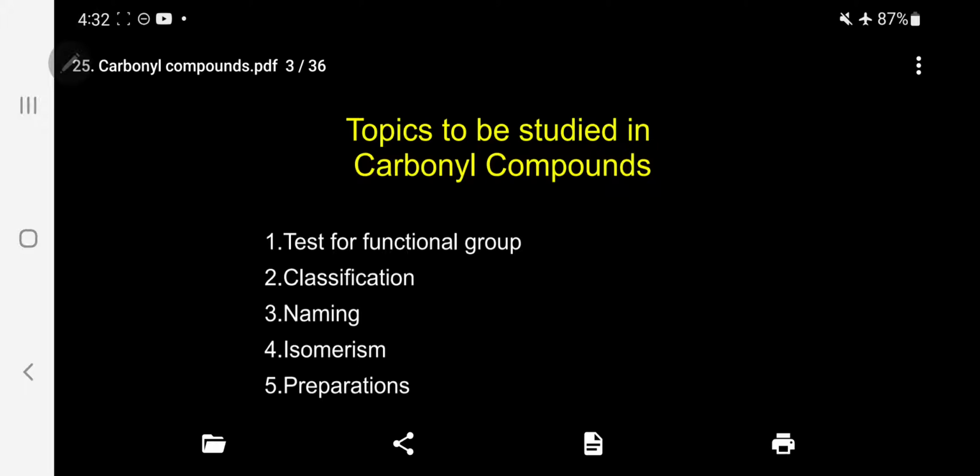So, before discussing the previous year question papers of NEET, under this heading, what are the topics we have to study?